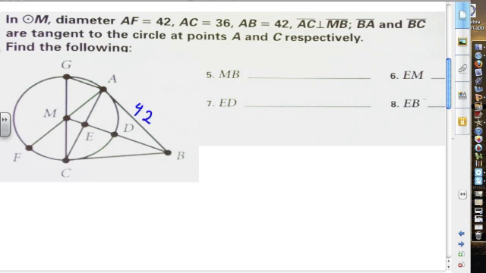I know that AB is 42. And because AB and BC are both tangents from the same point, it also has to be 42 because the two tangents have to be the same length. Now, I was told the whole thing from A to F was 42. That means F to M is 21, and A to M is 21.